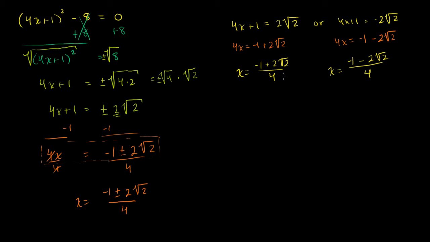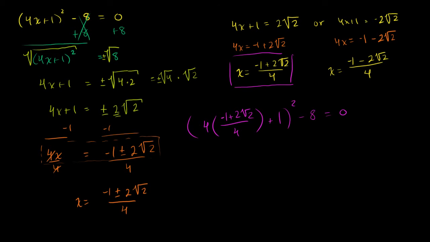And if you want, I encourage you to substitute one of these back in, just so you feel confident that something as bizarro as one of these expressions can be a solution to a nice vanilla-looking equation like this. So let's substitute it back in. 4 times x, well, 4 times negative 1 plus 2 root 2 over 4, plus 1, squared, minus 8 is equal to 0.